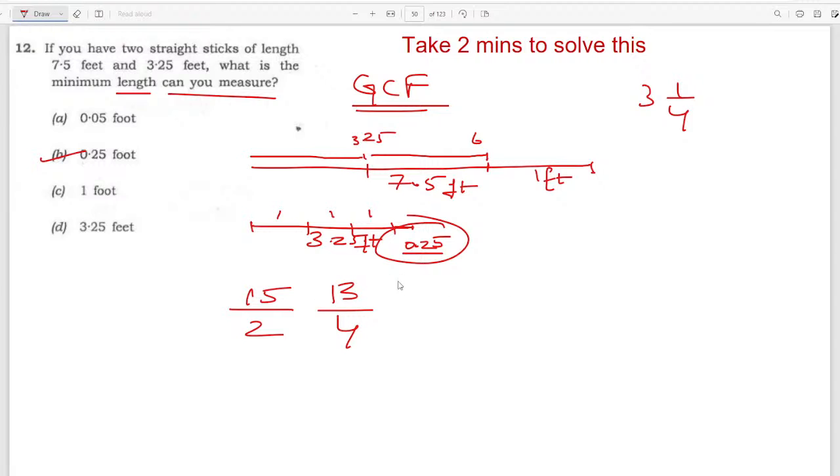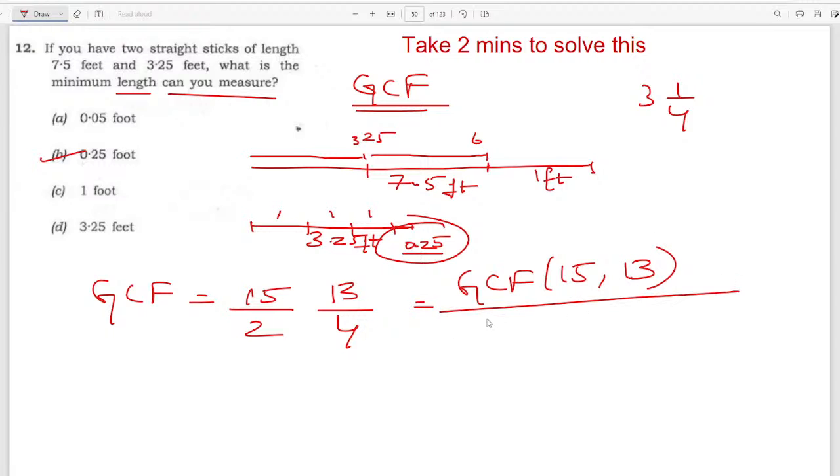So the GCF of this would be the GCF of 15 and 13, divided by the LCM of 2 and 4.